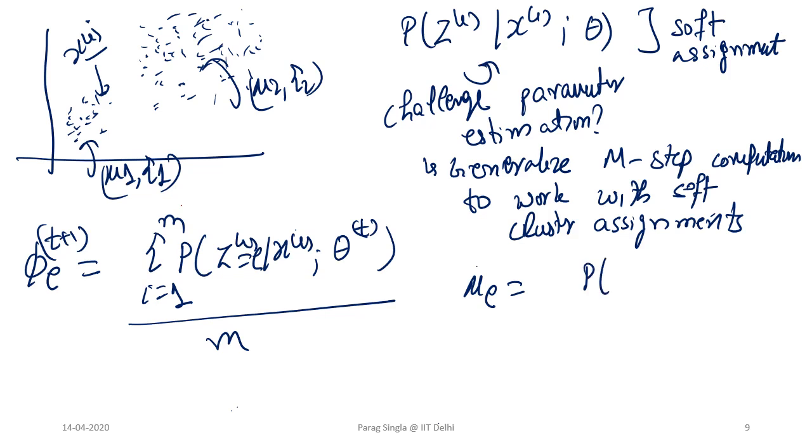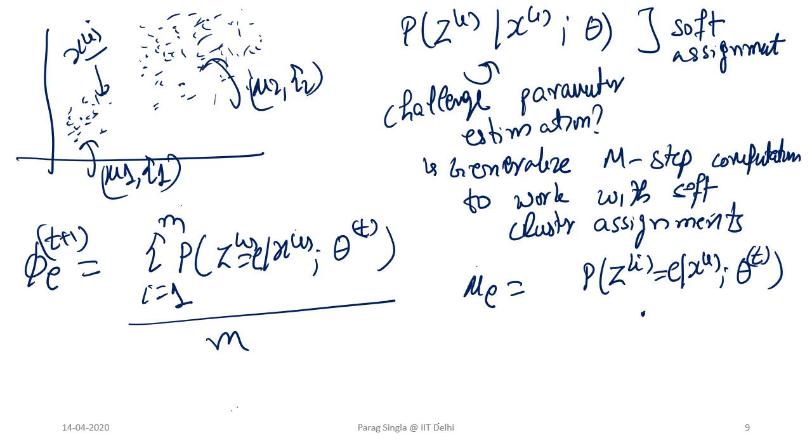So instead of the indicator, now we will have p of zi equal to L given xi, and this is using the parameters at iteration t.